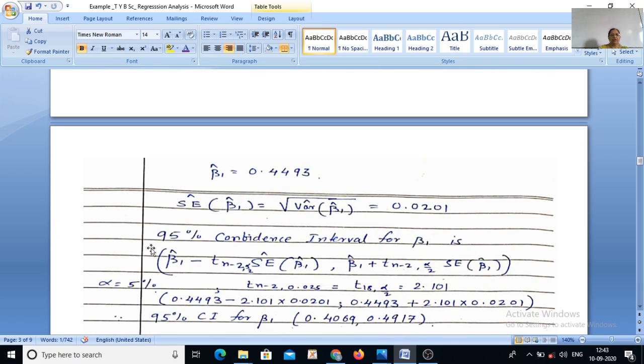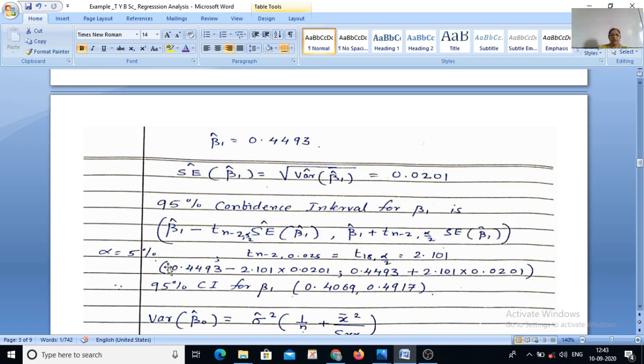Now in order to find the 95% confidence interval for beta 1, my formula is beta 1 cap plus or minus t n minus 2, alpha by 2, into the standard error of beta 1 cap. Now beta 1 cap is 0.4493 and the standard error of beta 1 cap is 0.0201.